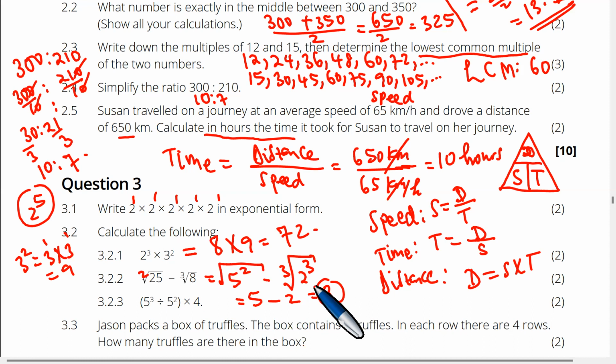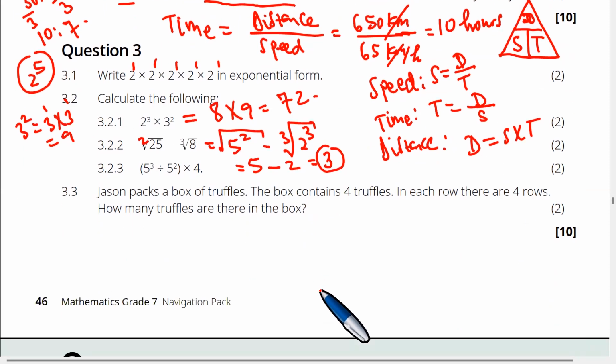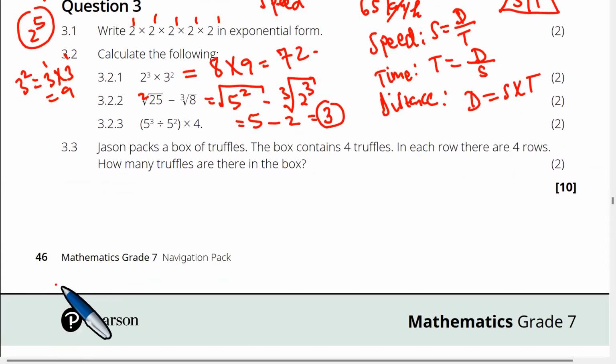Let me give you another exercise on this. Calculate.